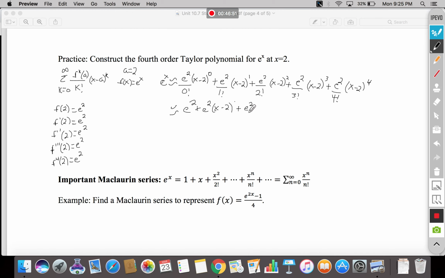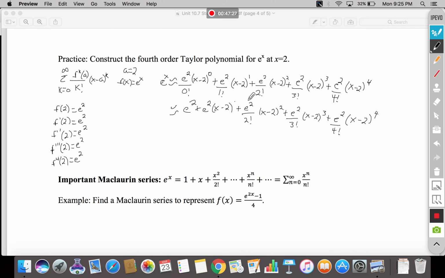Plus e squared over 2 factorial x minus 2 squared, plus e squared over 3 factorial x minus 2 cubed, plus e squared over 4 factorial x minus 2 to the fourth. So this then is my 4th order Taylor polynomial for e to the x centered at x equals 2.